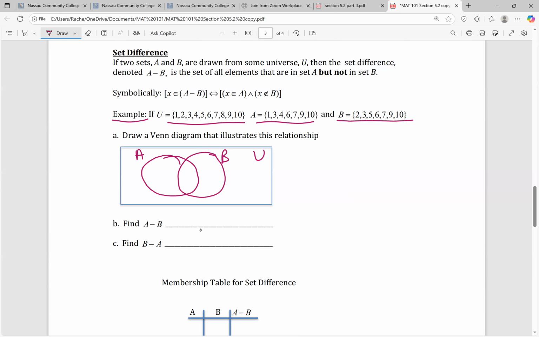Sets A and B have 3, 6, 7, 9, and 10, right? So 3, 6, 7, 9, and 10 would go in the intersection.